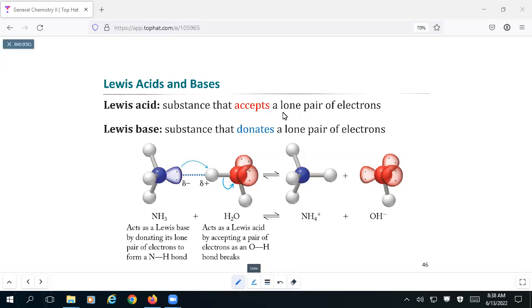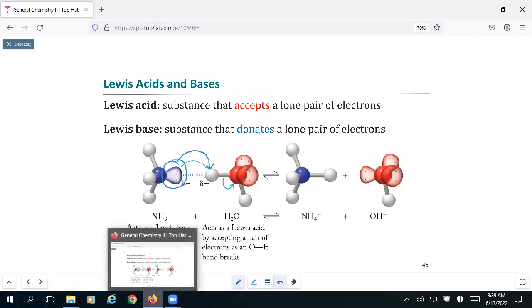What that allows us to do is start to see other kinds of acid-base behaviors in the absence of hydrogen ion. The example we're giving here is the reaction of ammonia and water. In this reaction, this lone pair of electrons on the nitrogen inside of the ammonia goes out and grabs this hydrogen atom off of the water.